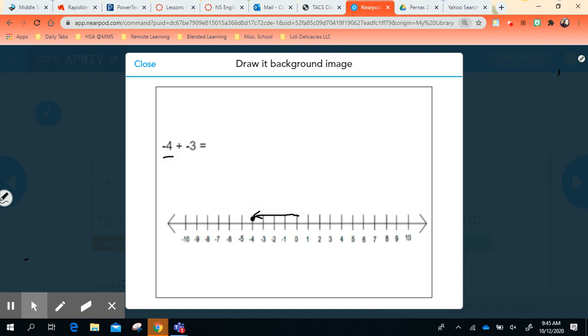So, si el segundo número es negativo, tienen que seguir para la izquierda. So, lo que voy a hacer es voy a ir 3 números más. 1, 2, 3. Y entonces el resultado es 7 negativo.